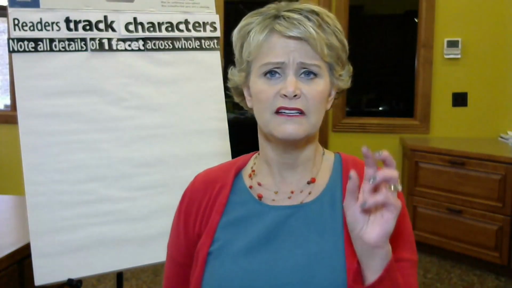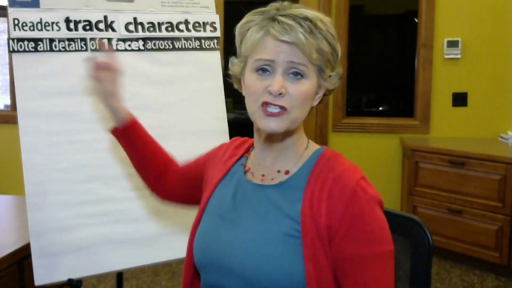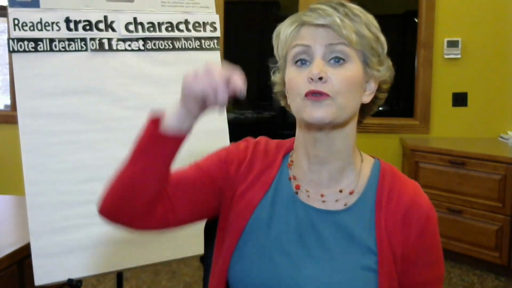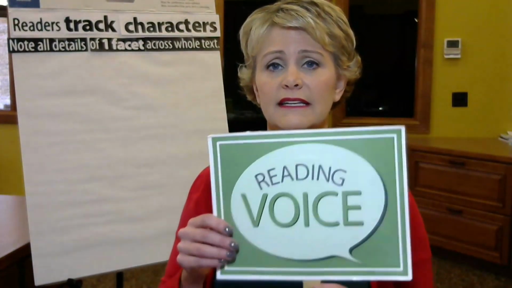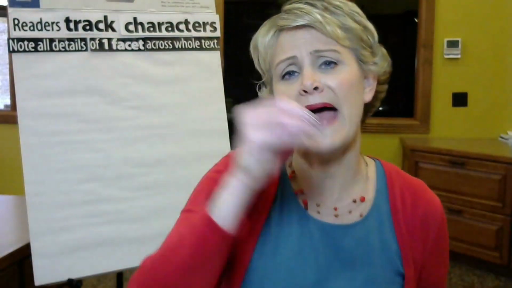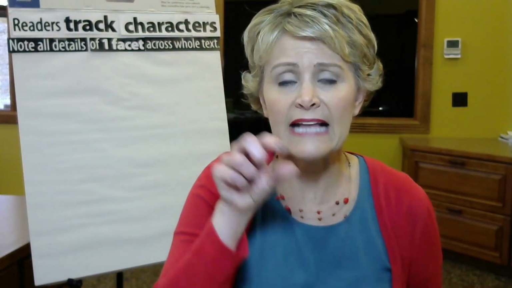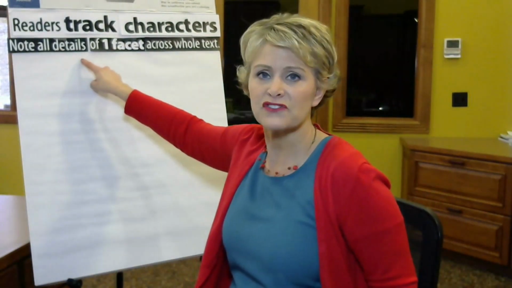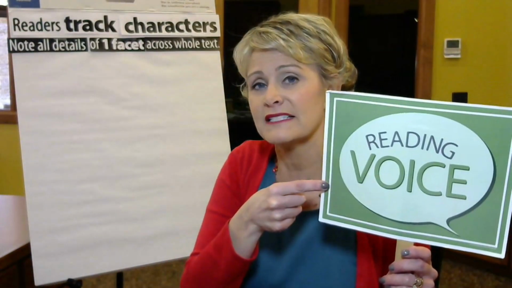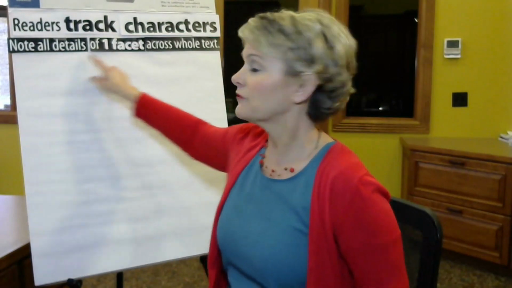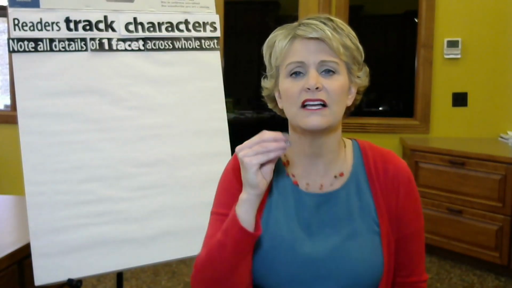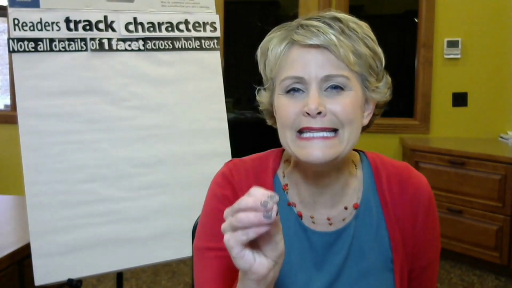Okay, so what the character does is all collected with actual details the author wrote and your reading voice noticed. I'm talking about going back into the text and looking at the actual words authors gave us, actual details that our reading voice says from beginning to end that tell us what this character did.